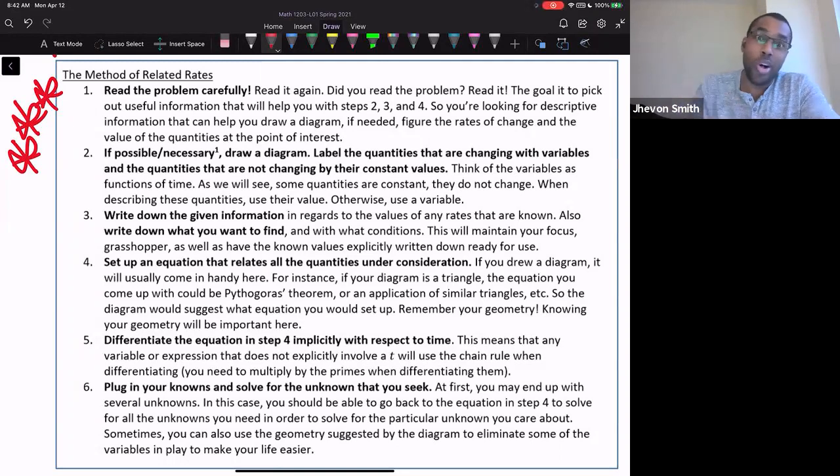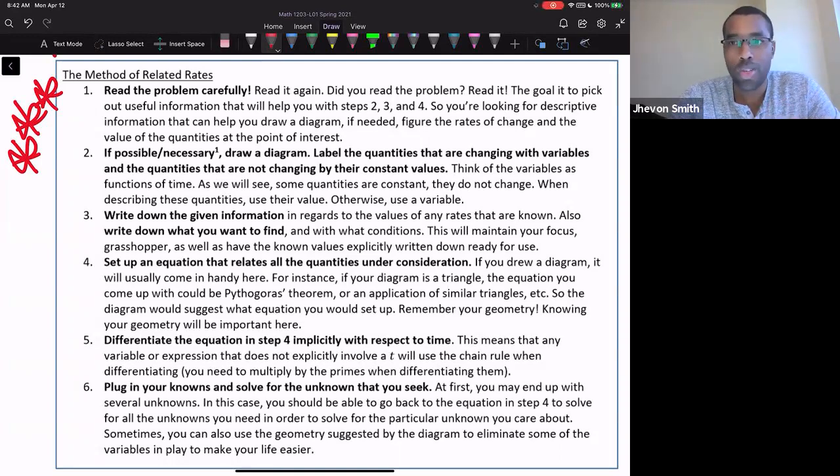Read the instructions. Always be aware of what the rules of the game are that you are playing. Not only do you need to read it to know that it's a related rates problem, but you'll have to pick out the important pieces of information that you'll need in future steps 2, 3, and 4 specifically. And you really want to know that it's a related rates problem and you have all the values that you need.